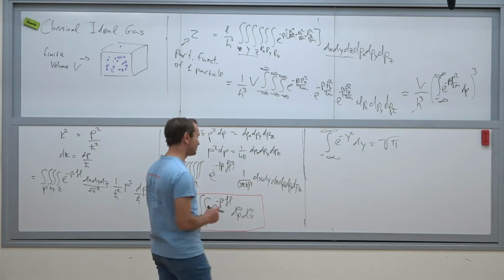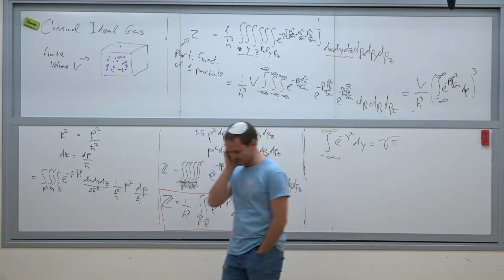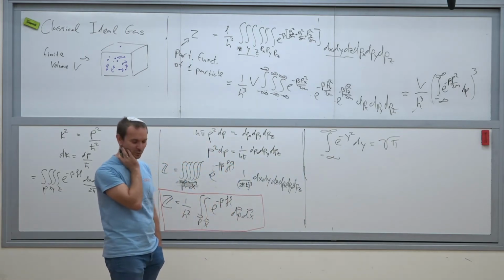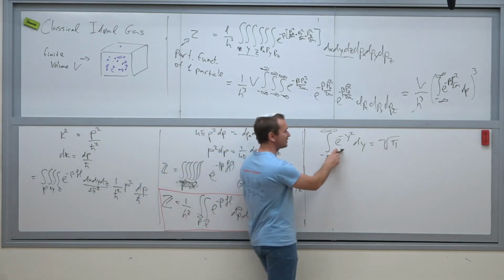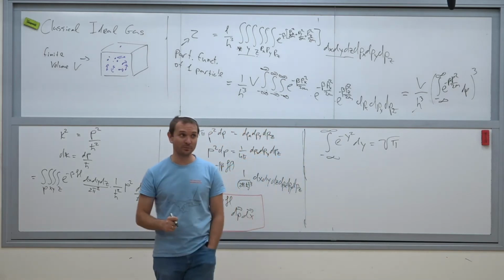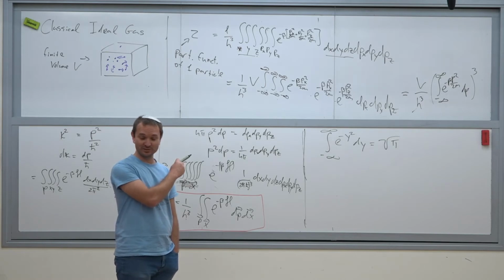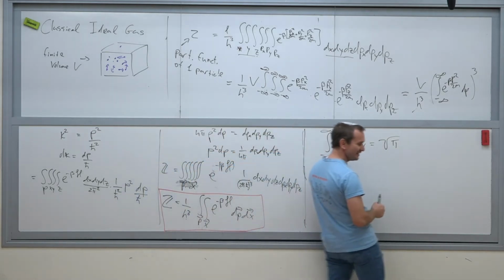In the introduction, the author, Michael Spivak, a very well-known mathematician, says how he defines mathematicians: for mathematicians, the fact that this integral equals the square root of pi is the same as 1 plus 1 equals 2 for everybody else. Do you know how to compute this integral? Yes, great. So you are already mathematicians.